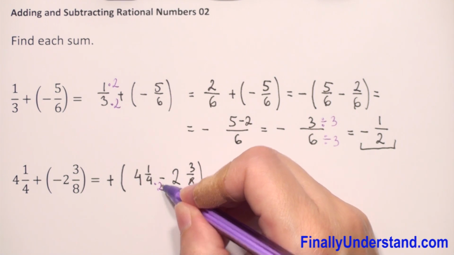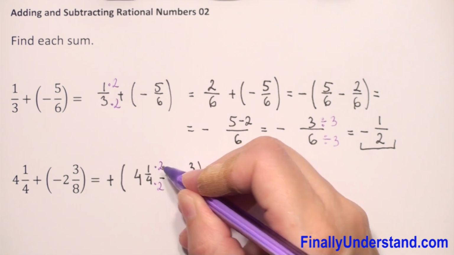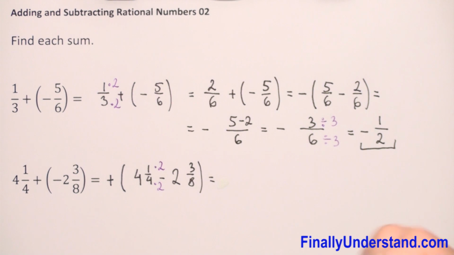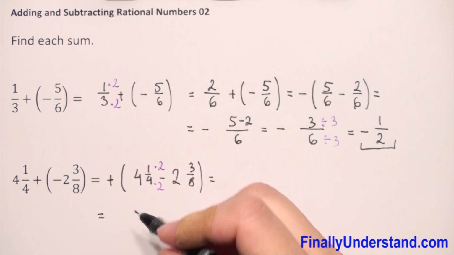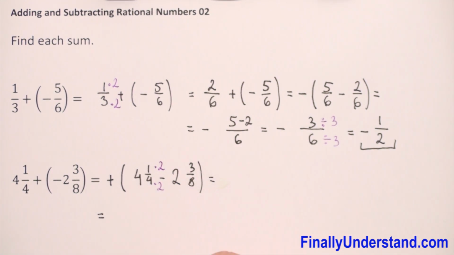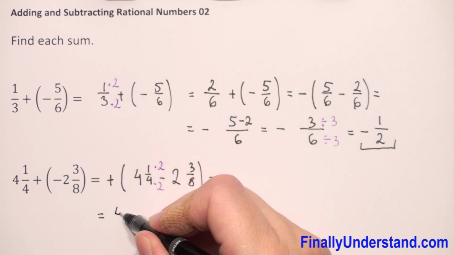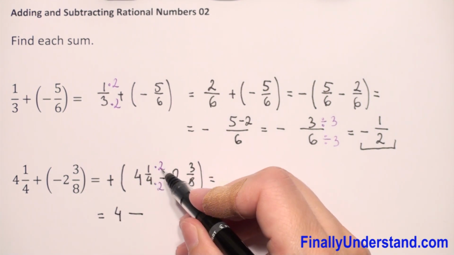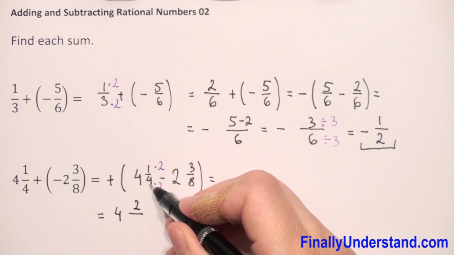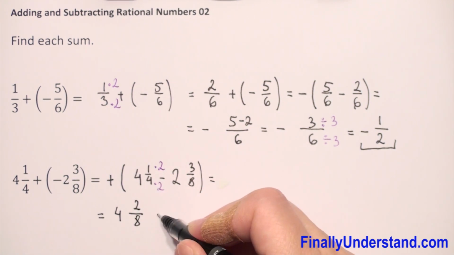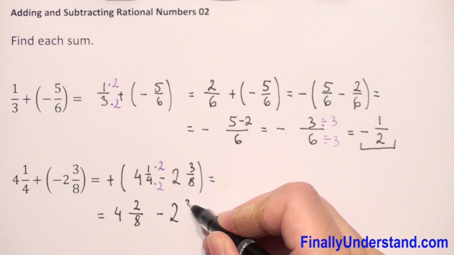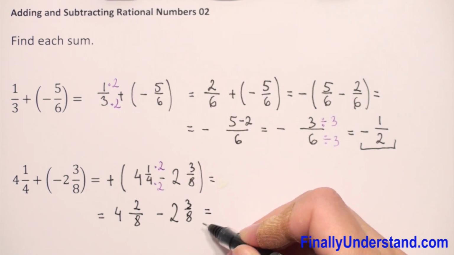Whatever I did with the denominator, I have to do the same with the numerator. So we don't have to write the positive sign, so we don't need parentheses now. So we have 4, and 1 times 2 is 2, 4 times 2 is 8, minus 2 and 3 over 8. So this is equal.